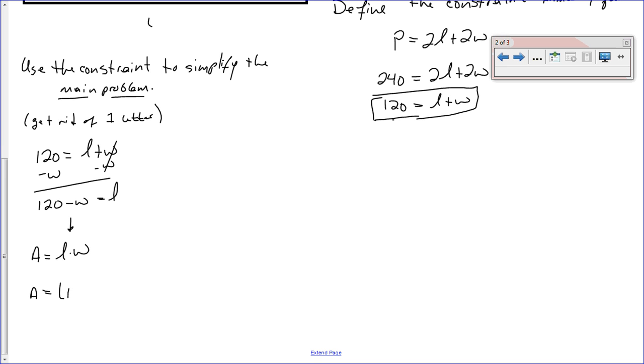So area now equals 120 minus W times W. If you multiply it through, it's 120W minus W squared.